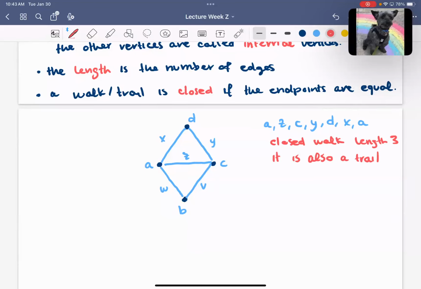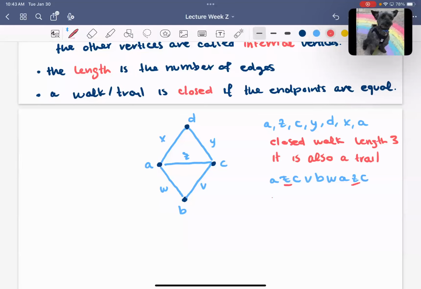If we say we went A, Z, C, V, B, W, A, C, Z. Okay, this is no longer closed because it doesn't start and end at the same vertex, and it's also no longer a trail because, wait, oops, I got these last two backwards. A, Z, C, because it has Z in here twice.